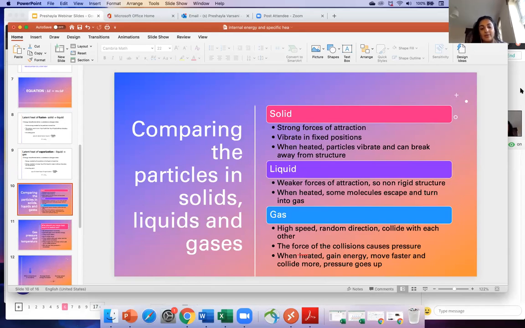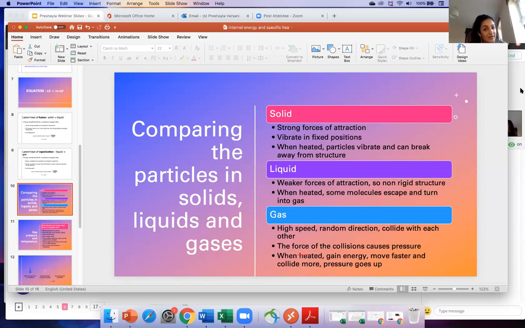Okay, so let's go a little bit more in depth to the idea of comparing the particles in solids, liquids, and gases. So, yesterday we talked about the kinetic theory of matter, and this is just building on it.